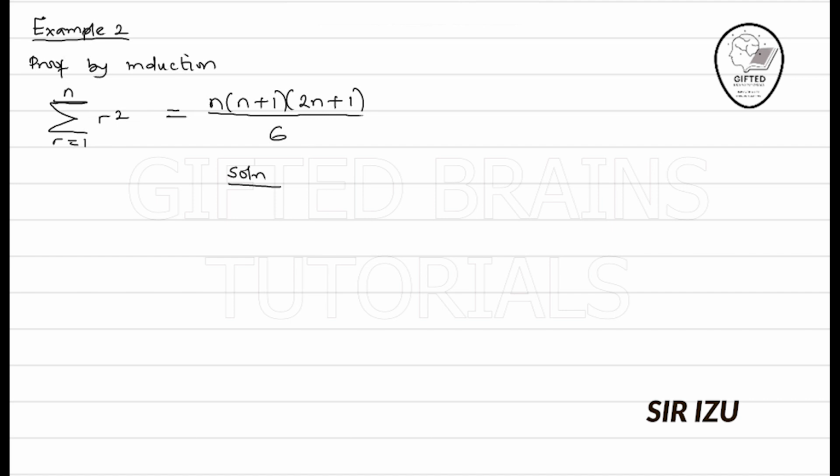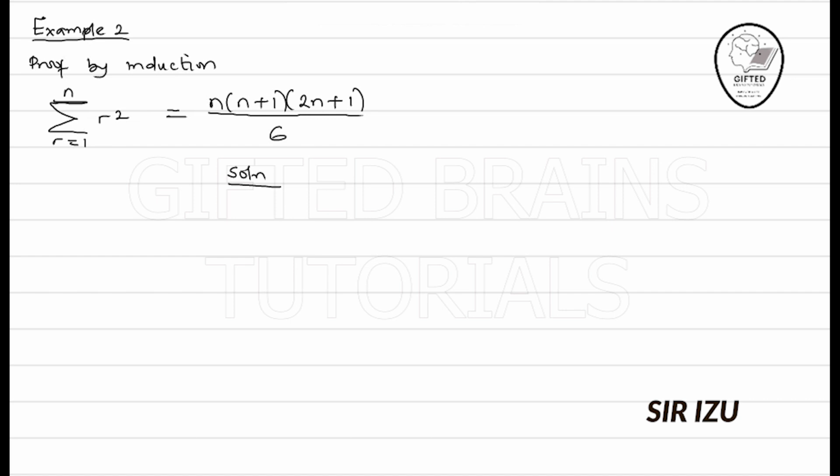Example 2: prove by induction that the summation of r squared, starting from r equals 1 till n, is equal to n times (n plus 1) times (2n plus 1) all over 6. First of all, this question can be written out, which is very important. Express it in that form. It makes your work easy and comprehensive when you are solving.